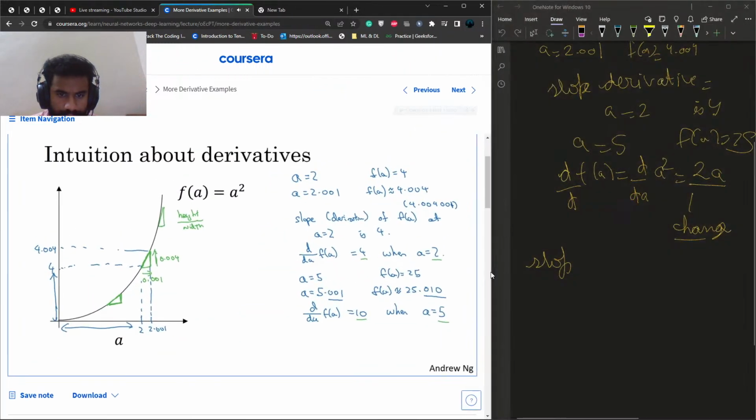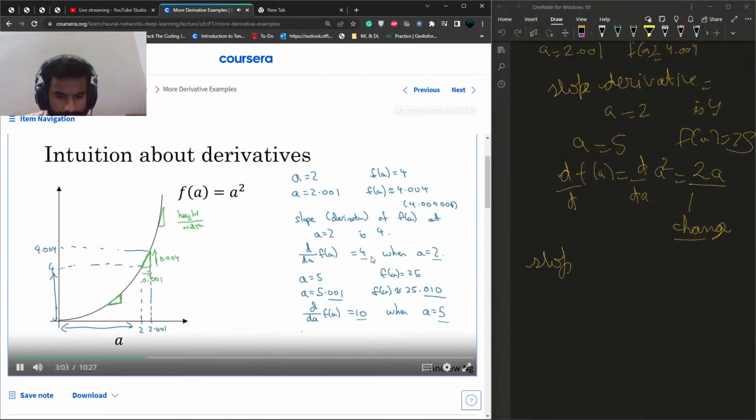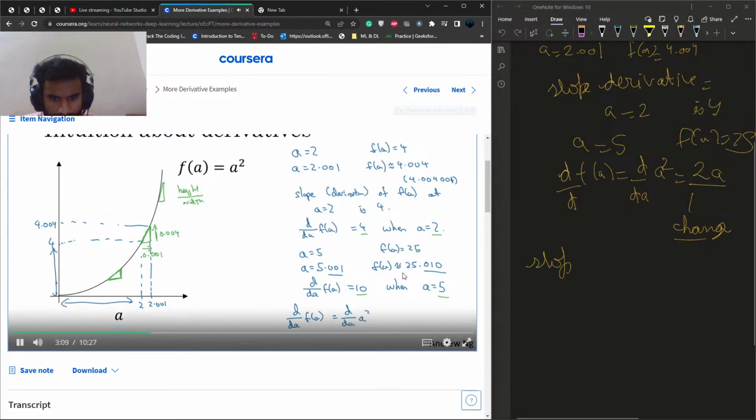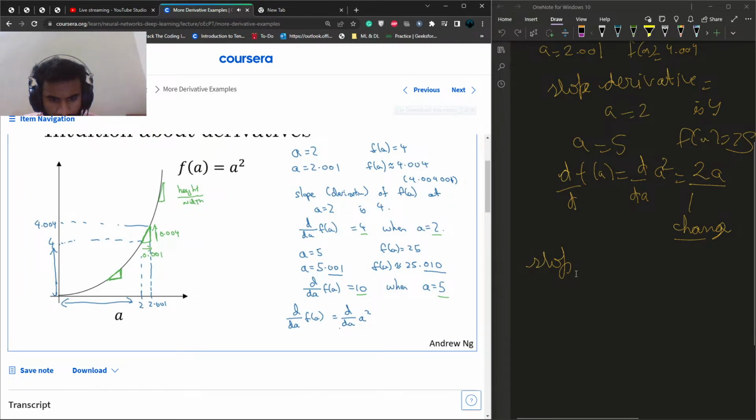Now, if you pull up a calculus textbook, it will tell you that d/da of f of a, where f of a is equal to a squared, so that's d/da of a squared, is equal to 2a.